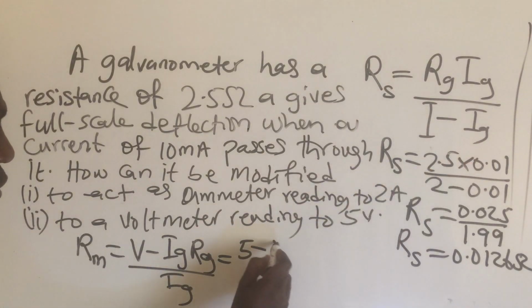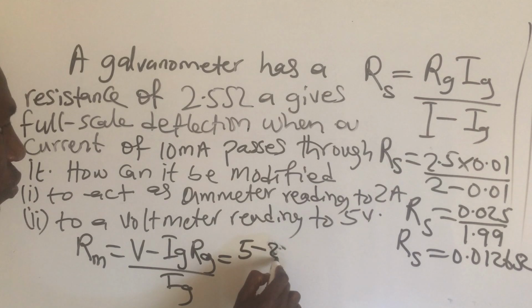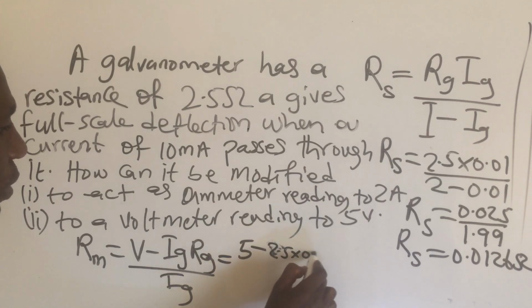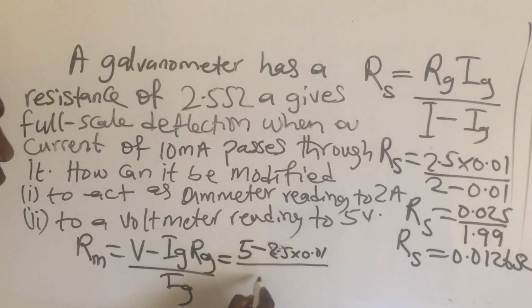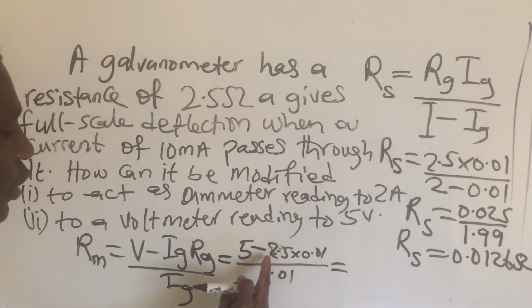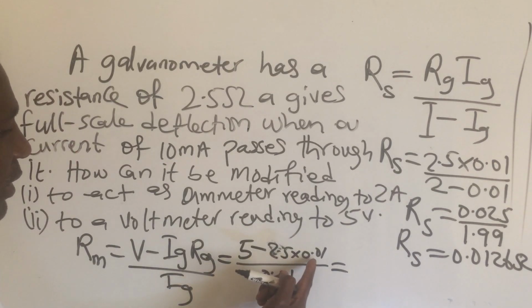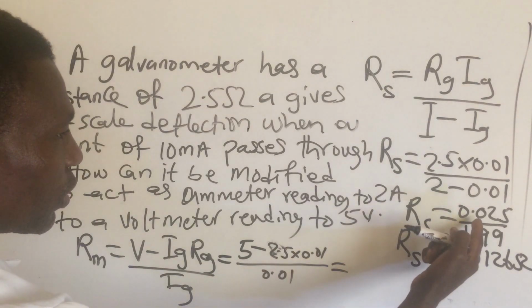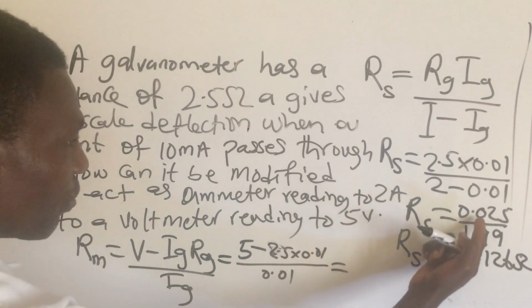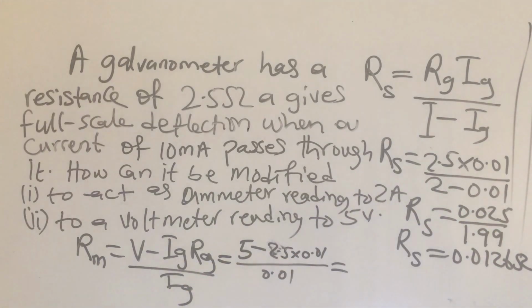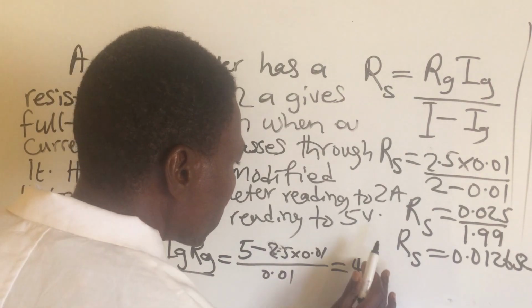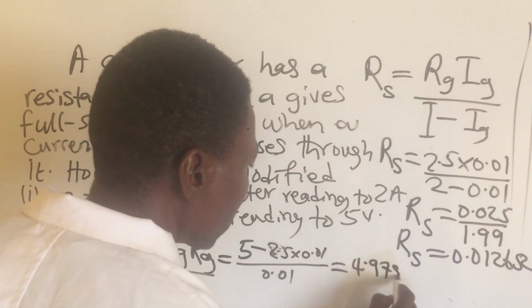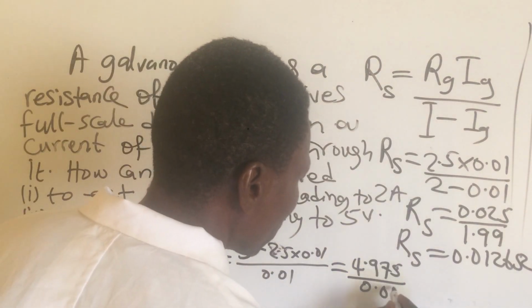So that is 5, the voltage we want to measure, minus 2.5 times 0.01, all over 0.01. 2.5 times 0.01 gives us 0.025. We use 0.025 and subtract it from 5. What do we have? We have 4.975 all over 0.01.